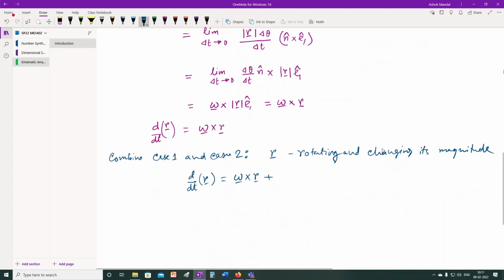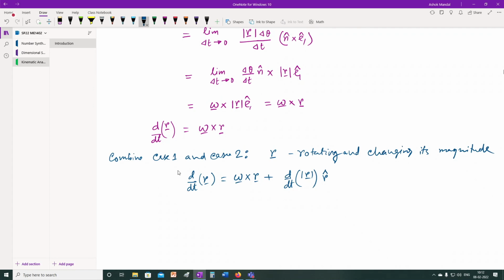The derivative of the magnitude in the direction, other than writing it E1, we are writing it in the direction of R. Okay? Yes, sir.